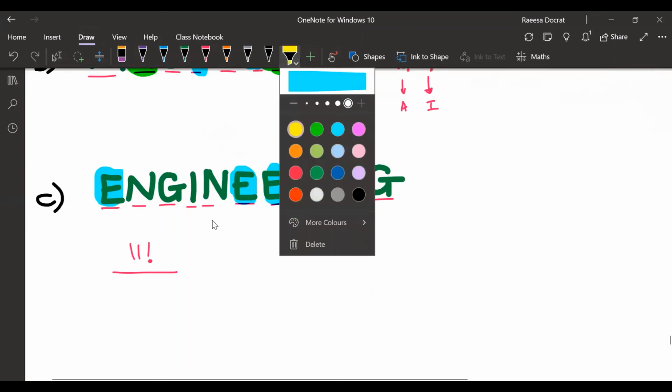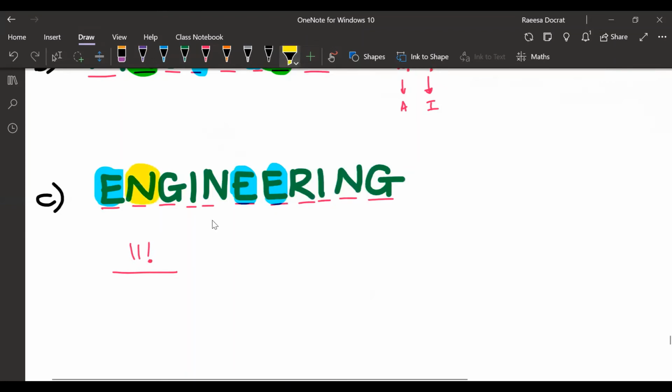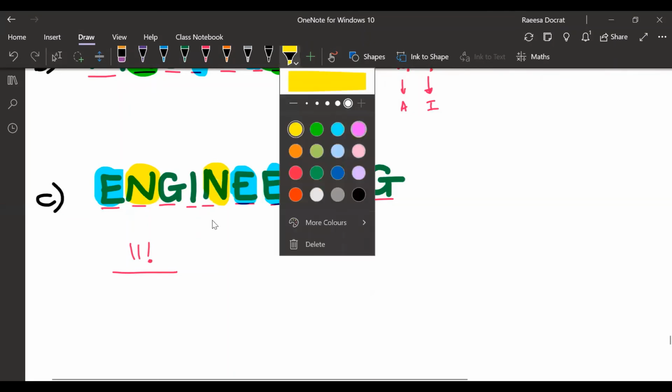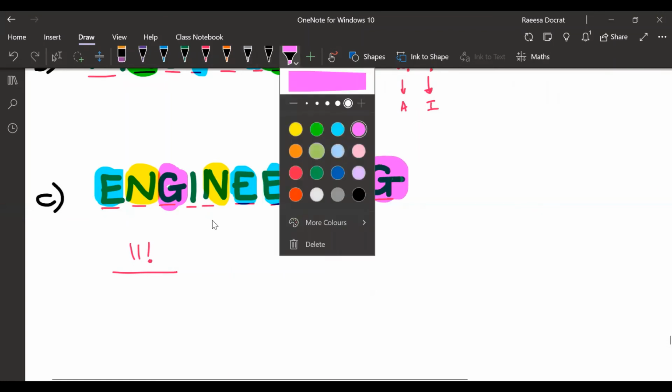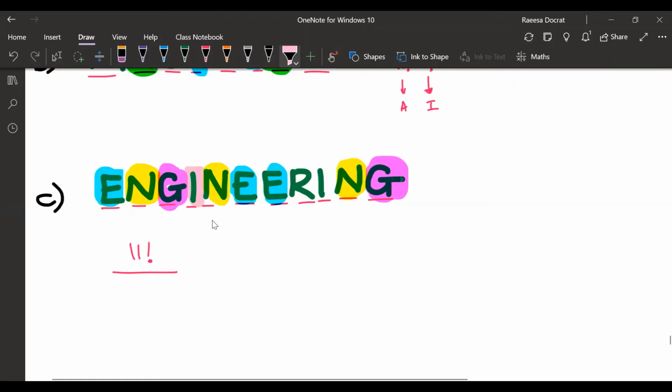We have N repeating: 1 N, 2 N's, 3 N's. We have the G repeating, 2 G's. And again, we have I repeating. So there are lots of repetitions in this word. The only letter that's not repeating is the R.